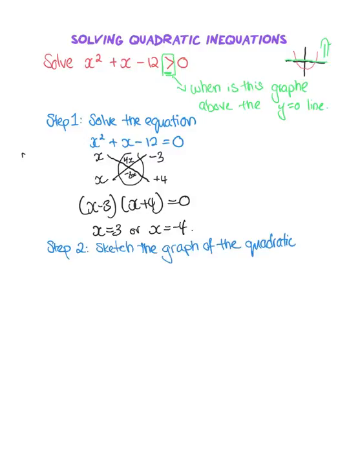The second step is to sketch the quadratic graph. If I was sketching this roughly, we've just found the x-intercepts: this one is at (3, 0), and this one is at (negative 4, 0). Because the question was when is it greater than 0, that's going to be these bits here, when it's above the y equals 0 line.